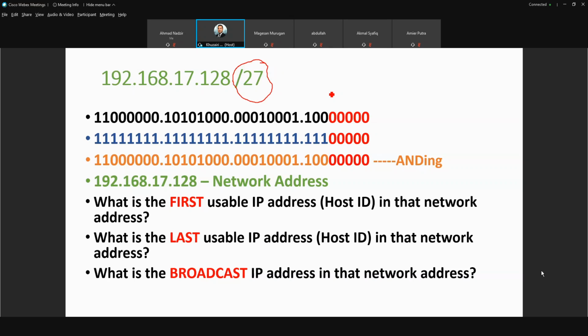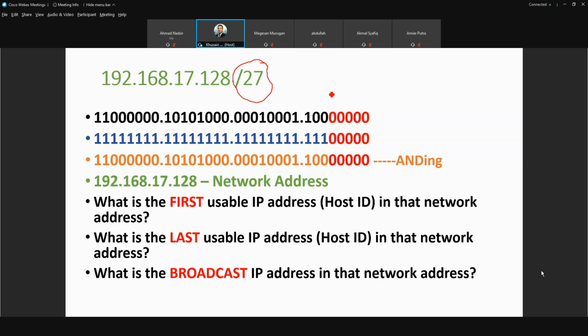So what is prefix length? Prefix length identifies the number of bits allocated for the network portion. /27 is called prefix length, meaning that it has 27 bits allocated for the network ID or network portion.